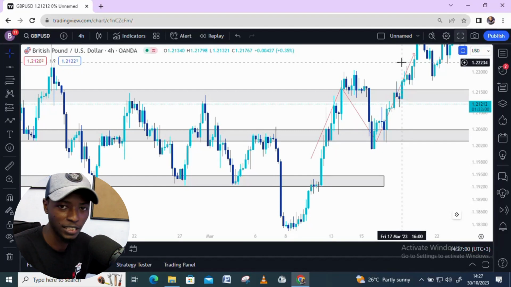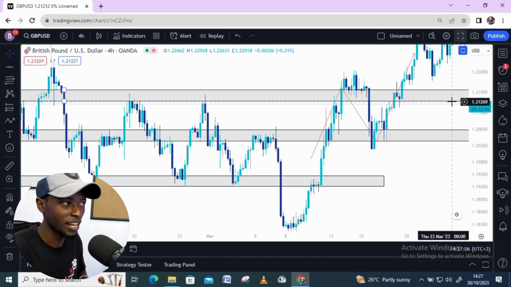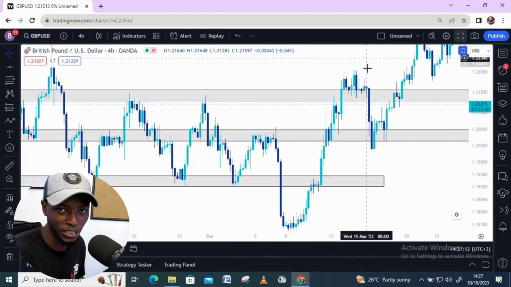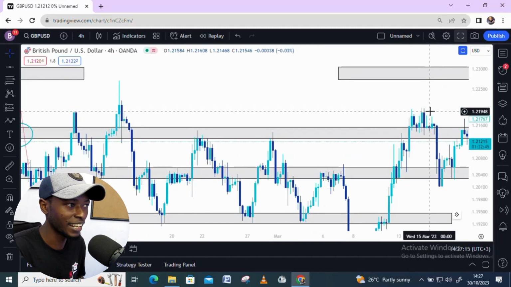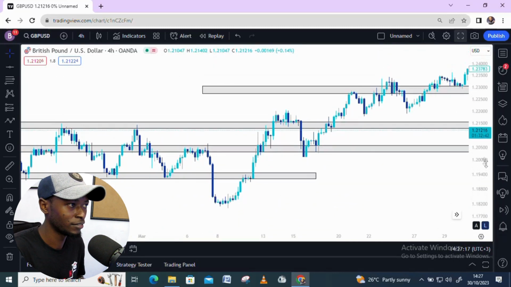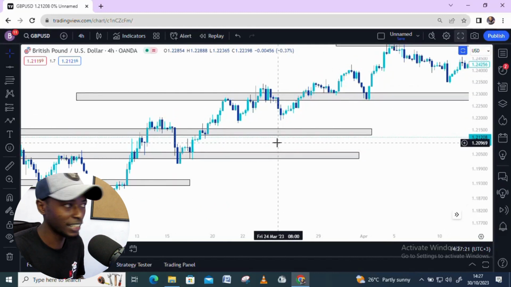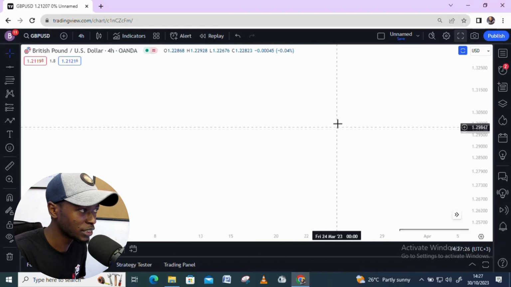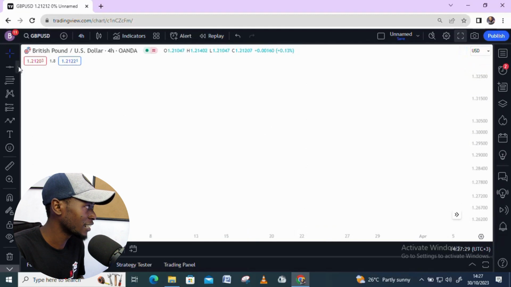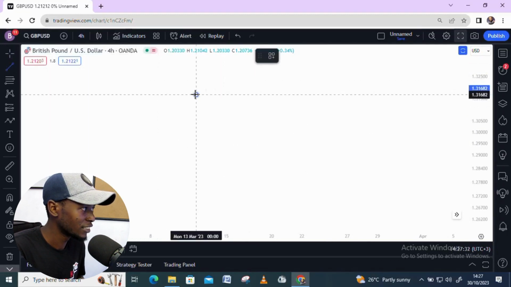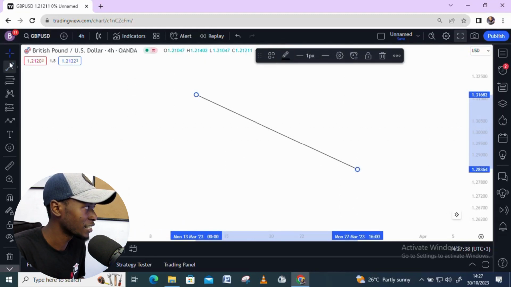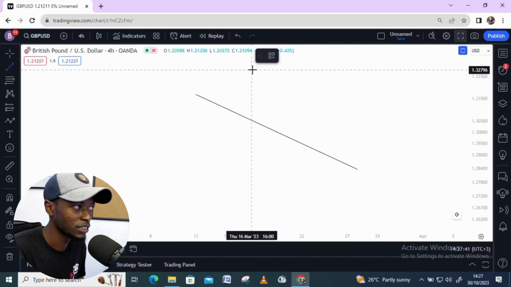For our next point, we'll discuss types of support and resistance. This is a zone. For our next type of support and resistance, we'll discuss the trend line. What is a trend line? A trend line, simply put, is a diagonal line in which price finds resistance and support.